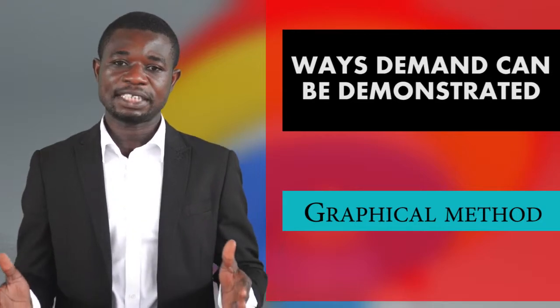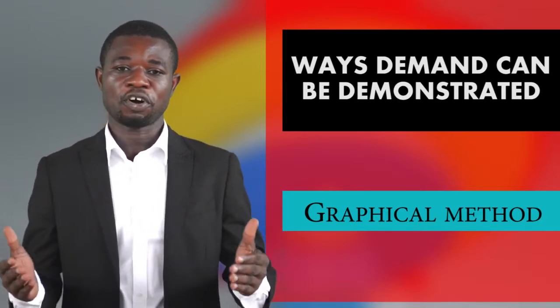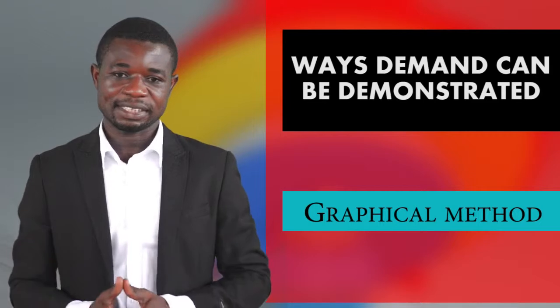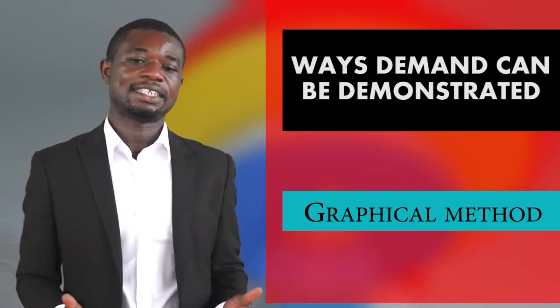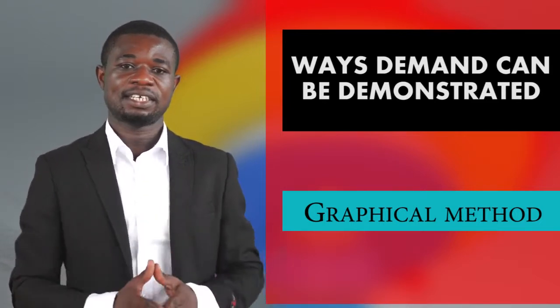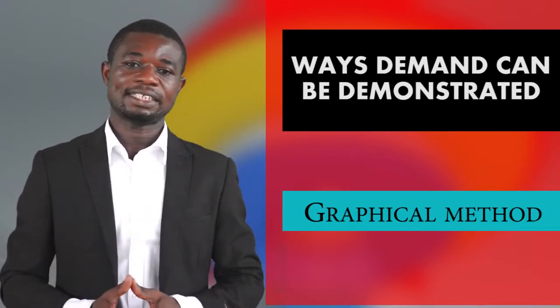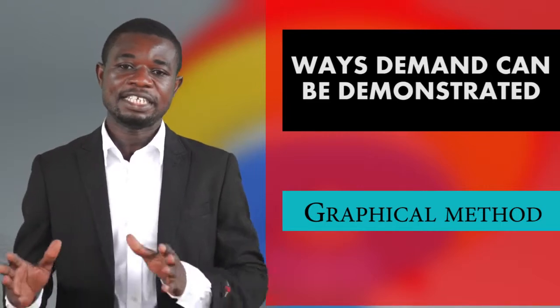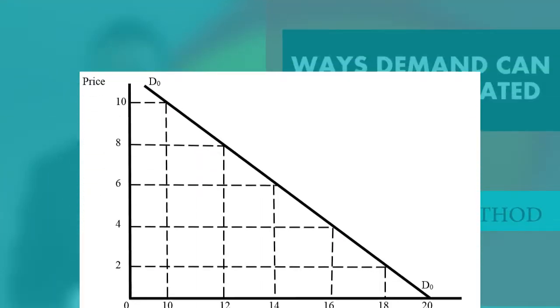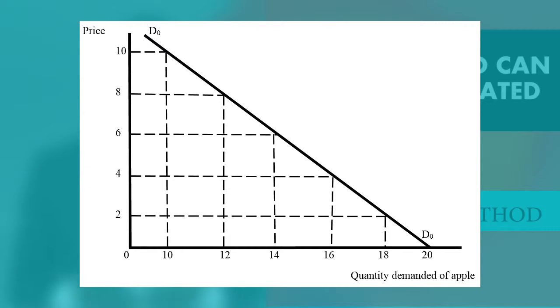And with the graphical method, we mostly employ the drawing of two axes: the vertical axis, which takes the price of the commodity in question, and the horizontal axis, which takes the quantity demanded. So, from the data that we have been given, from the demand schedule that we have, we realize that the price of the commodity has been displayed on the vertical axis as it is displayed on your screen.